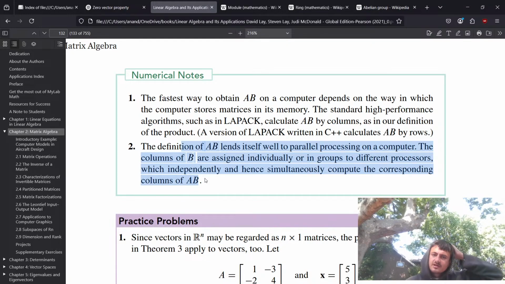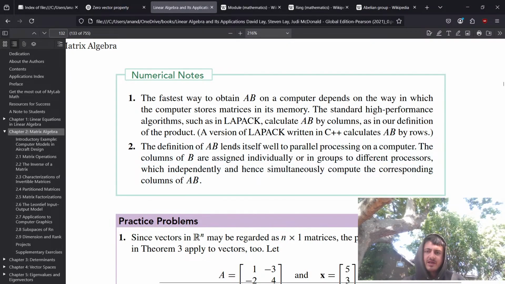Okay, so here's an interesting thing. For a matrix, multiplication is parallel because the columns of B are assigned individually or in groups to different processors who independently and hence simultaneously compute the corresponding columns of.